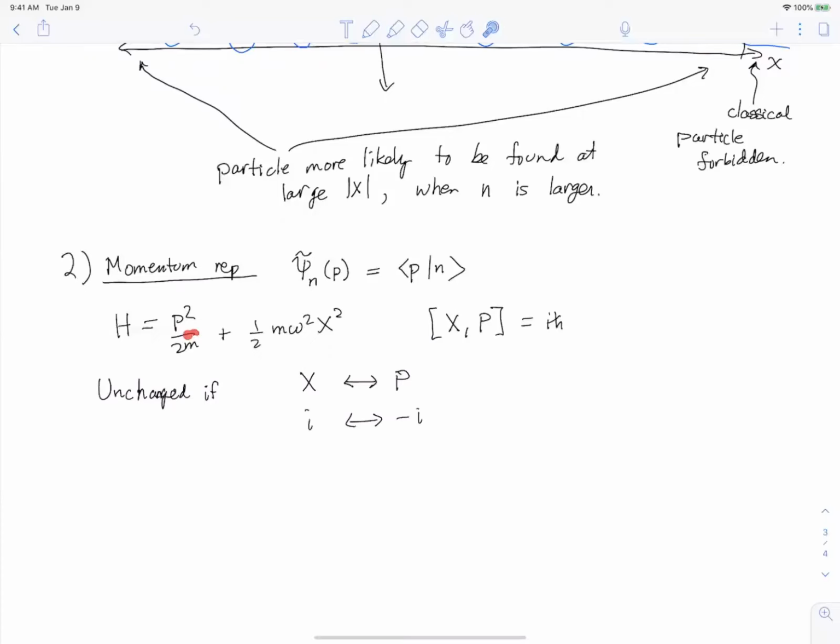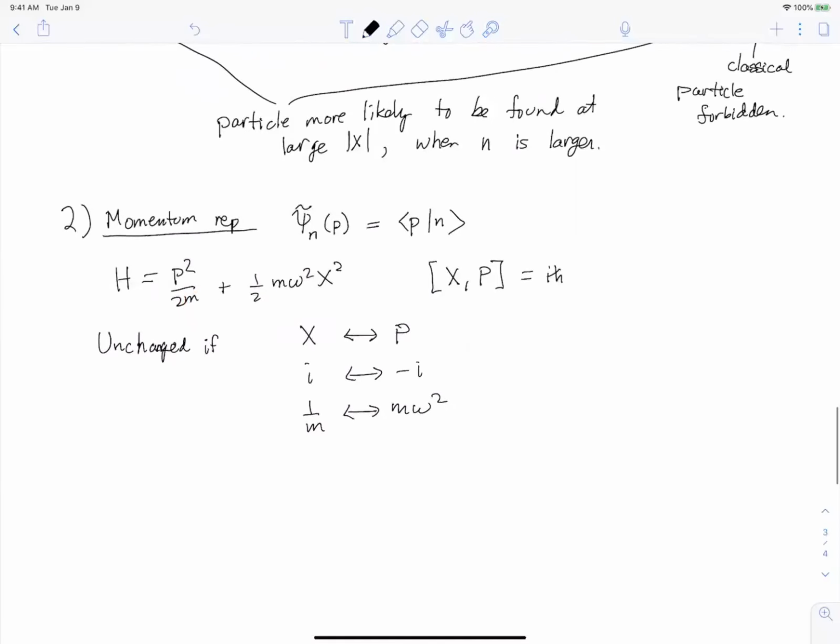And so 1 over m gets replaced by m omega squared. And so if we make all of those simultaneous changes, then everything in the problem is just what it was before.